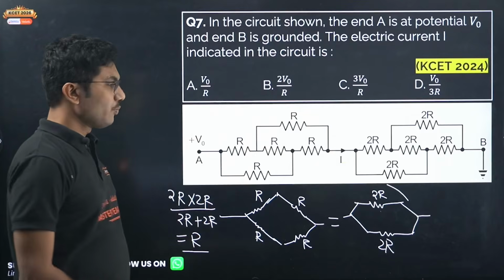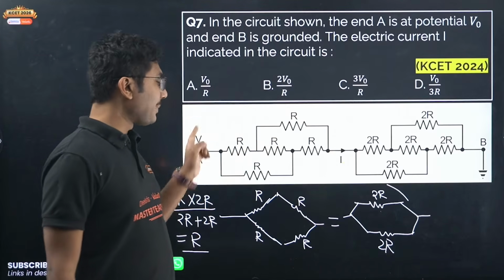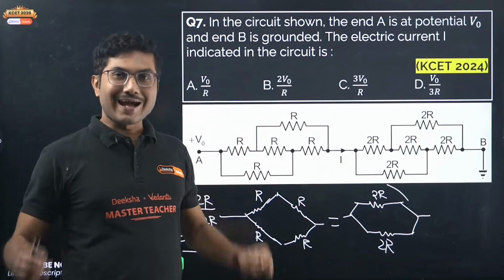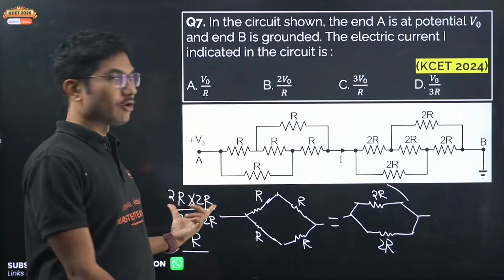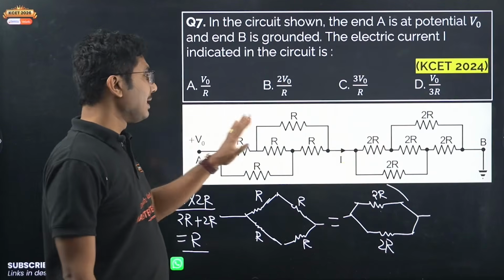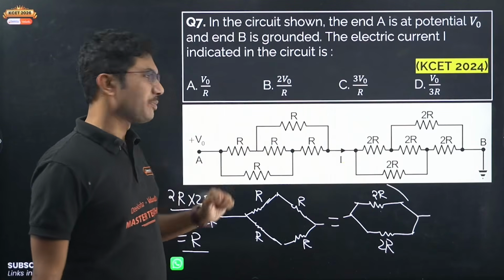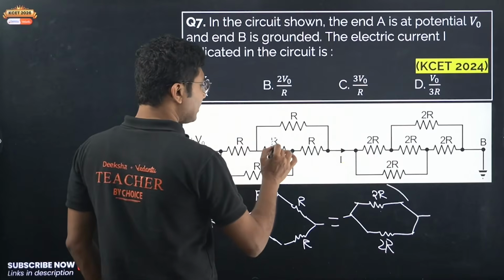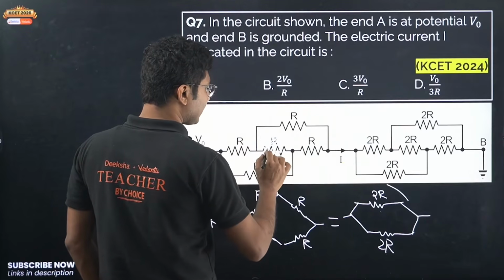When you see a pattern like this, you can directly apply this. You don't need to solve it. You already know in your head that this is a Wheatstone bridge pattern, which means we can simply ignore this central resistance.